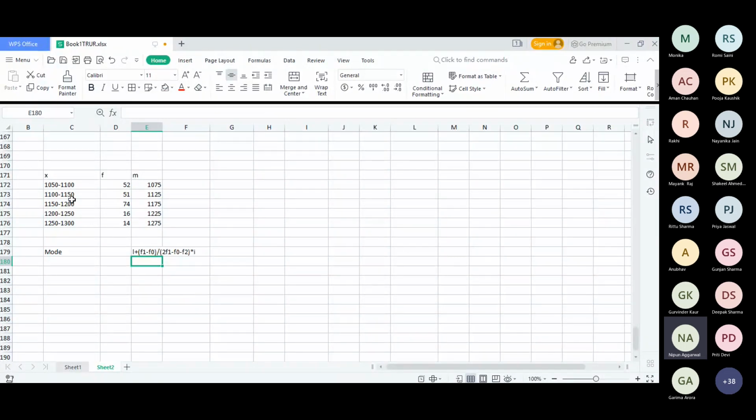As we have found, 1150 to 1200 is my mode class.